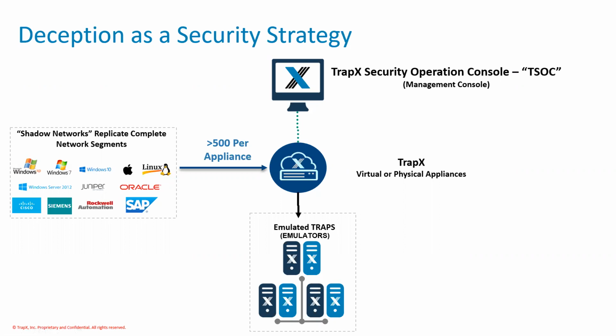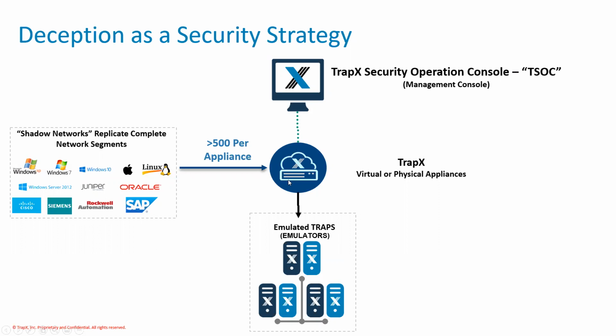But also we have a selection of industrial systems, networking gear, and IoT platforms, and certainly it's very straightforward to, for example, deploy an SAP service or even a Siemens PLC if you're in the OT environment. So we'll show some of that in our demonstration.